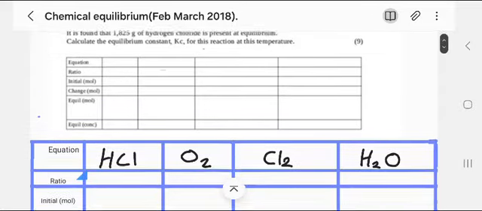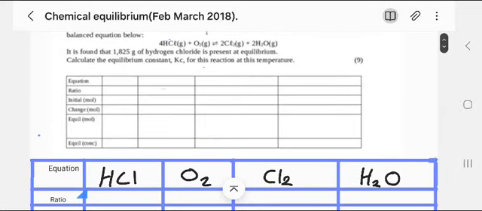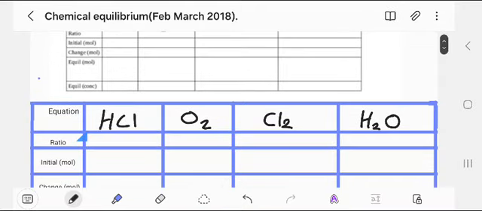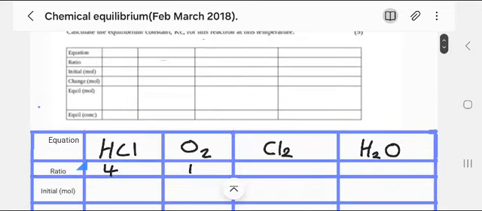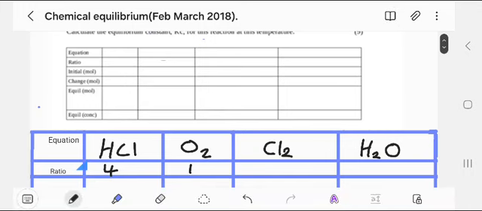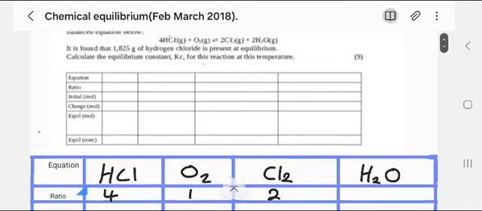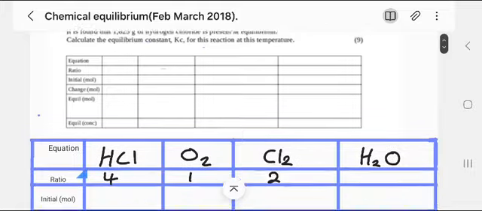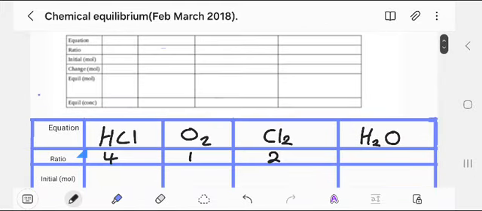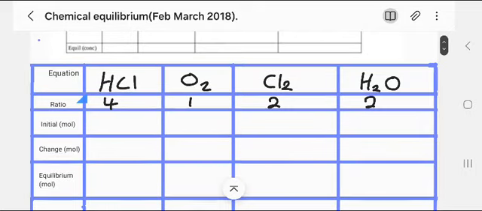Then what is our ratio here? We have 4 here, 4 here, 1 here, 2 there, and for water, we also have 2 there. This is our mole ratio.